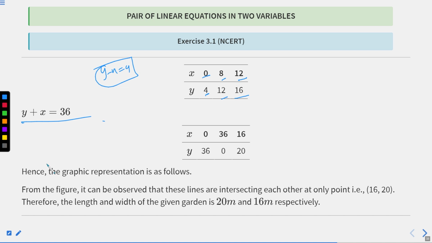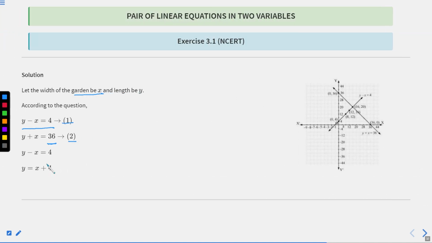If we plot all these points, we get a line. Hence the graphical representation is as follows. This is the graphical representation of this pair of linear equations. The line y plus x equal to 36 is represented by this line, and y minus x equal to 4 is represented by this line.